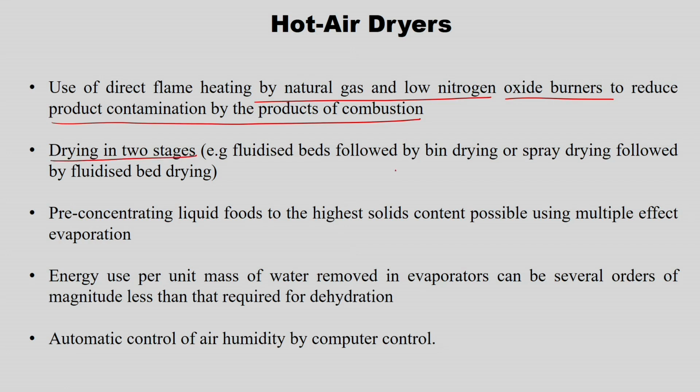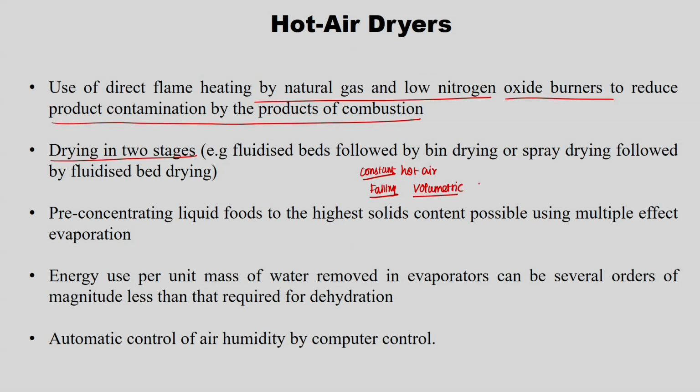One example we mentioned is that the surface moisture can be removed using hot air, because in the constant rate period the surface moisture is removed. But in the falling rate period, if the moisture is to be removed, we can use any volumetric heating technique, because in the falling rate period the moisture has to diffuse from inside the material to the surface, right.